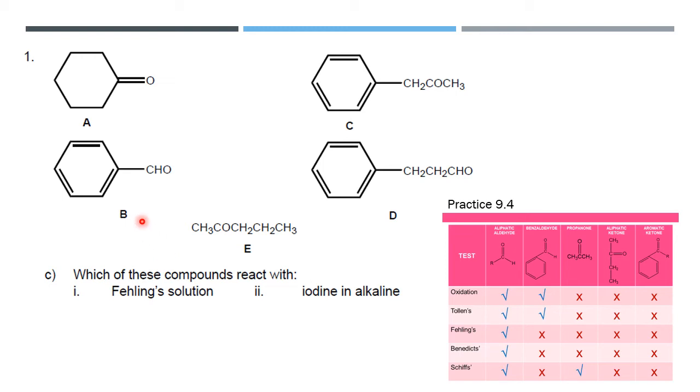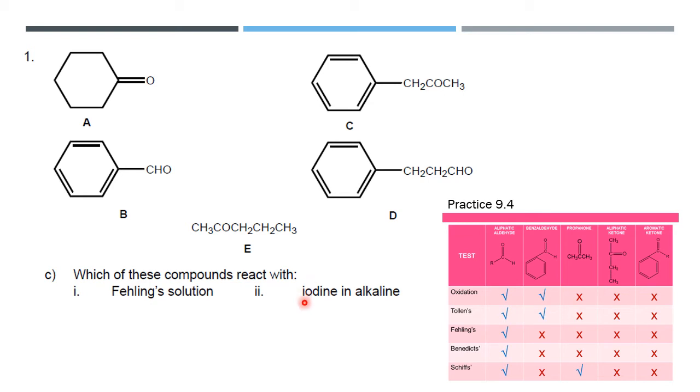So let's choose which one of these are aldehyde. B is an aldehyde, so it will give a positive result with Fehling solution. D is also an aldehyde, so D is going to give a positive reaction with Fehling solution.